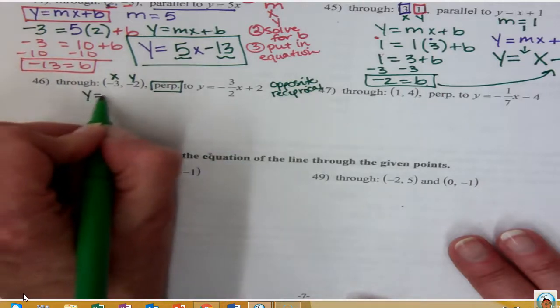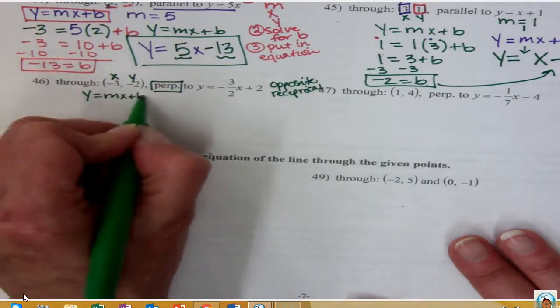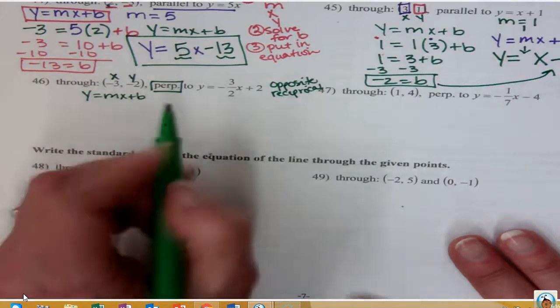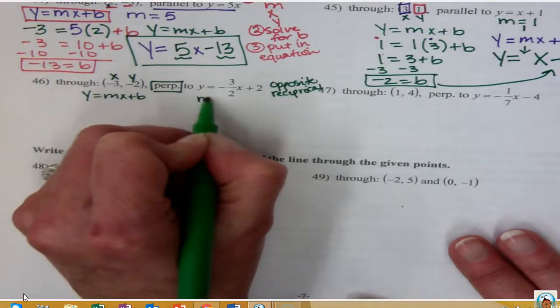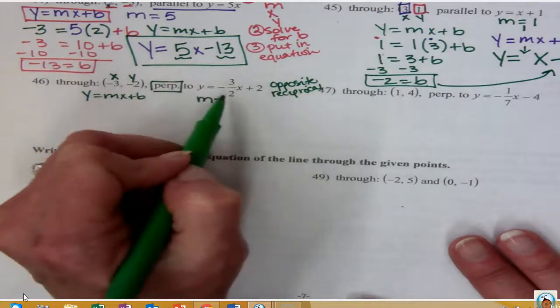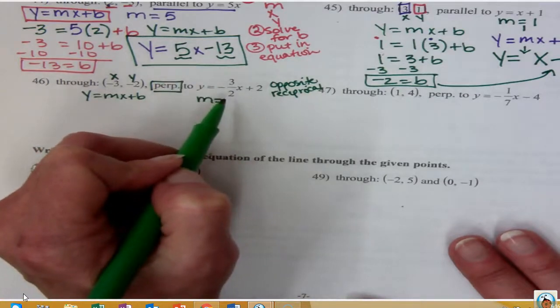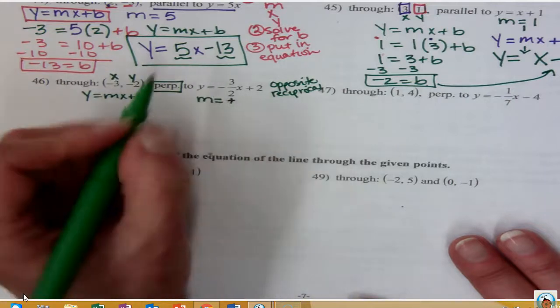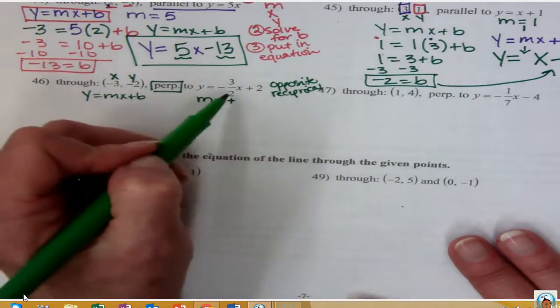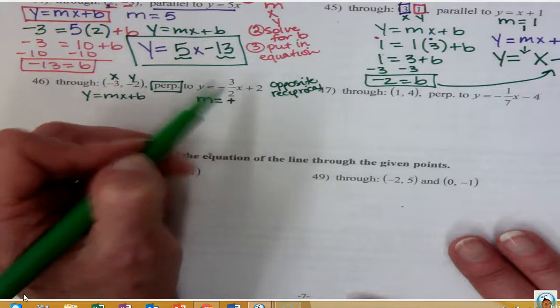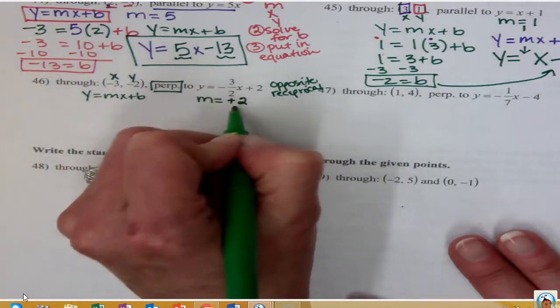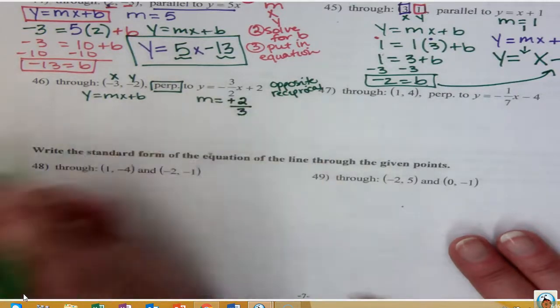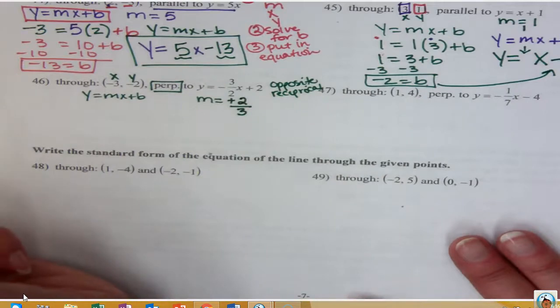I've got y equals mx plus b. My slope, however, is not going to be the same slope that's in this. It's going to be the opposite, which, this is negative, so it's going to be a positive. And reciprocal, meaning flipped upside down. So the 2 is flipped onto the top, and the 3 is flipped onto the bottom.